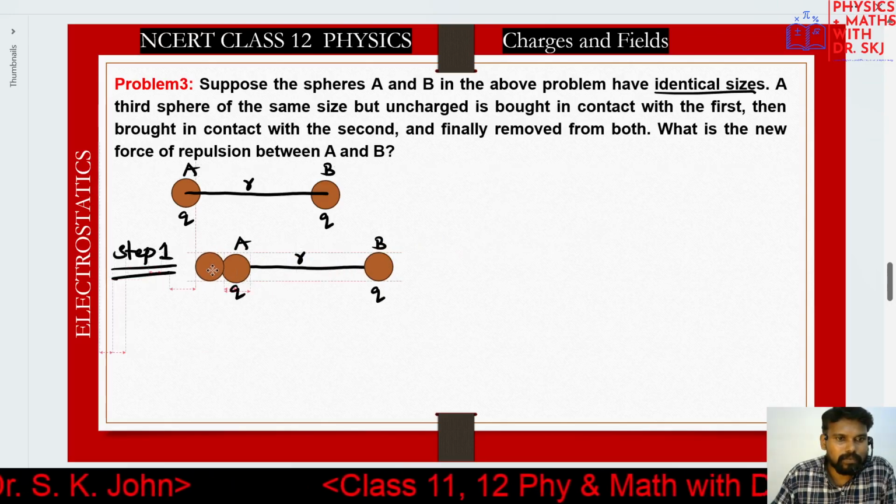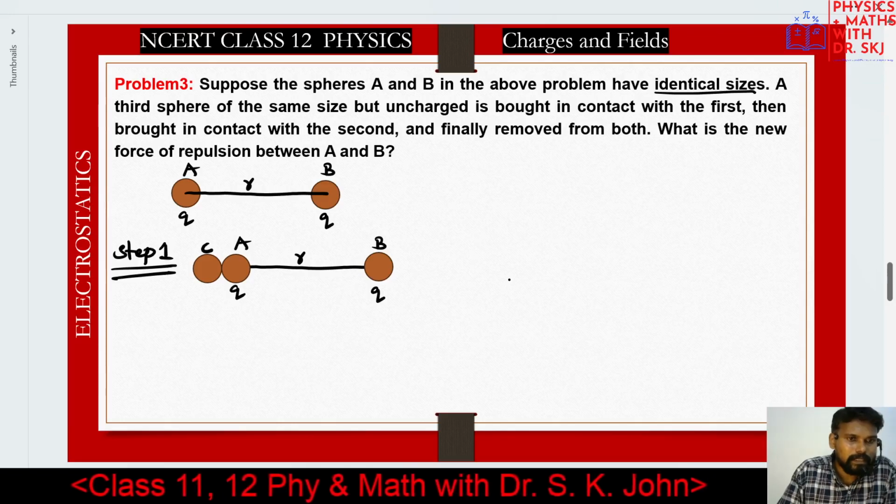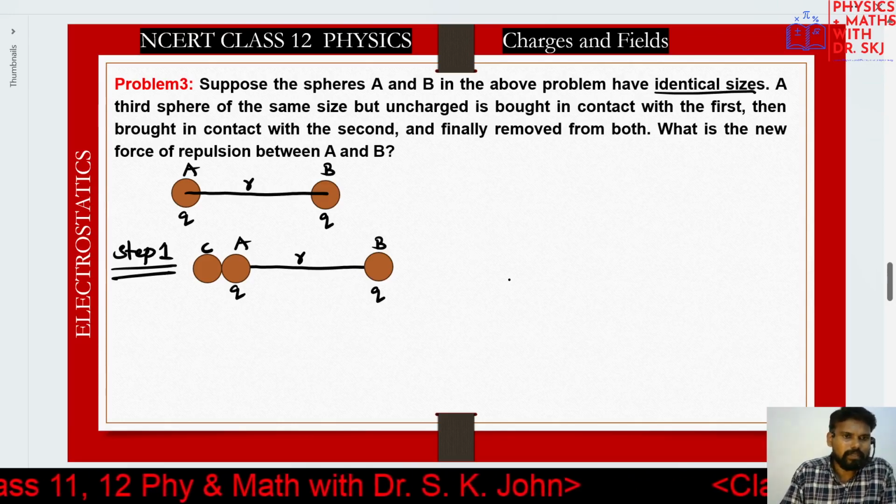So this third sphere C is brought in touch with the first one.